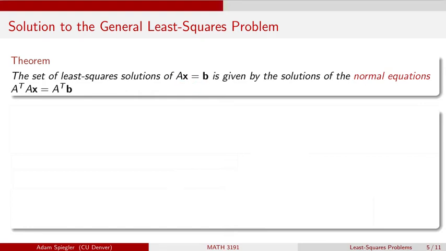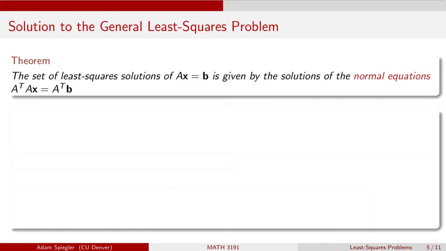So the least squares solution is going to be given by the solutions to the normal equations that we just derived, which were that A transpose A times X, so the vector X that satisfies this equation, A transpose AX equals A transpose B. By definition, that is the least squares solution to this equation.